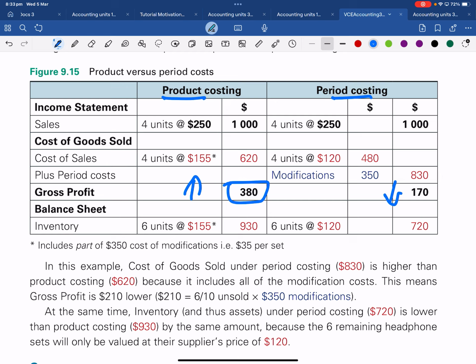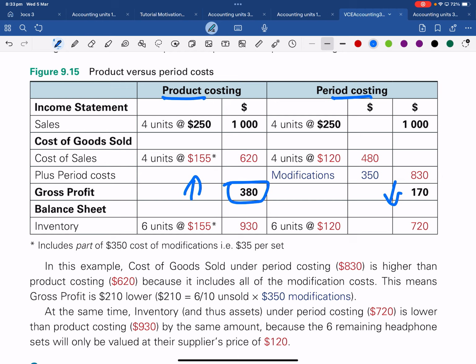Because that 350 we entirely identified as an expense in the period in which we incurred it, regardless of selling all the inventory or not. We purchased 10 headphones, but we sold 4. But in period costing, the entire modification cost became an expense, even though we still didn't sell all the inventory.